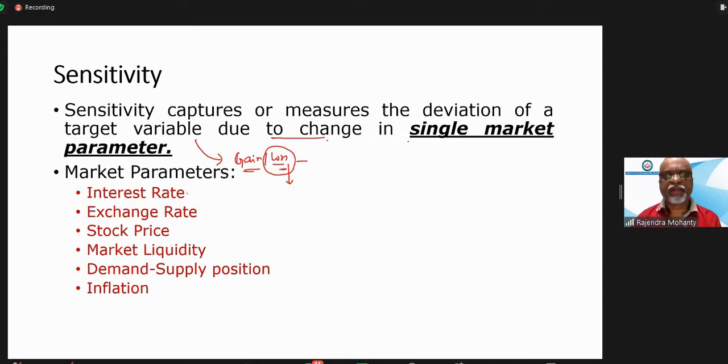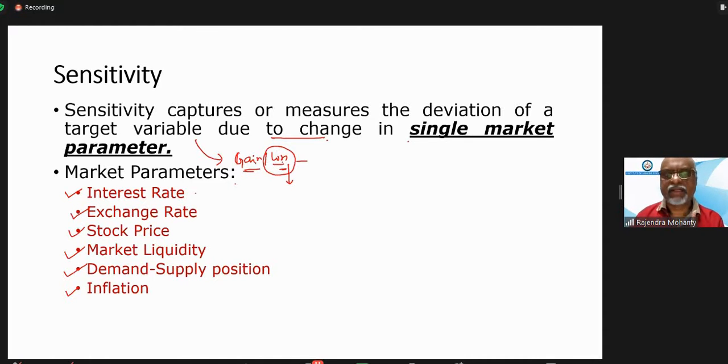So what are these market parameters? These market parameters might be interest rate, exchange rate, stock prices, market liquidity, demand supply position, or inflation of the country. So these are the different market parameters. Any change in any one of them will affect our gain or loss, our target variable.